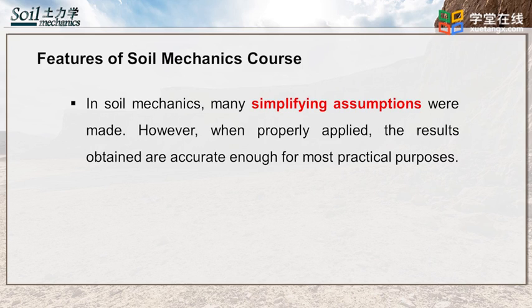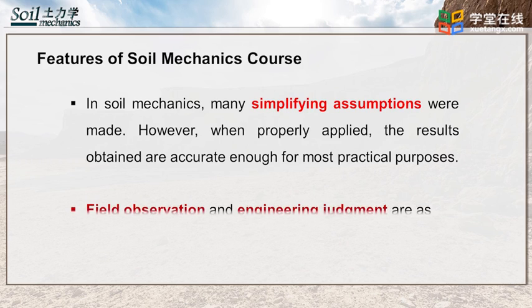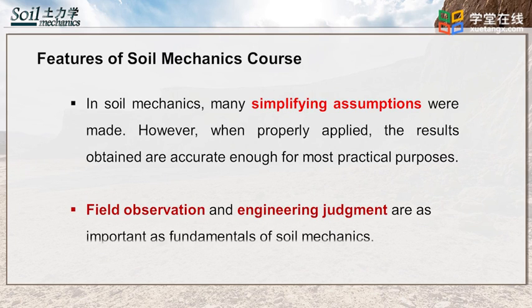Second, in dealing with soil problems in engineering practice, field observation and engineering judgment are as important as fundamentals of soil mechanics. Soil mechanics may provide a solution to a mathematical model. Due to the complex nature of soil, and our knowledge of subsoil condition is always incomplete, the math model may be far from the truth.